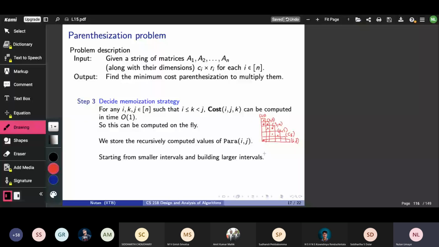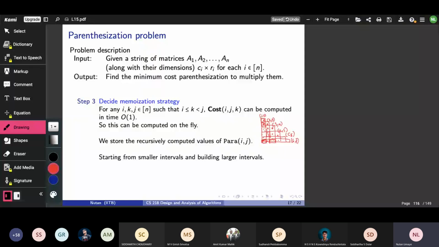And note that when I'm trying to compute this value, I will use a lot of previous values. I could use 1,2 and 2,6, which may be somewhere here. Then I could use 1,3, which is here, and 4 to 7, which may be somewhere here. Okay, so all these previous values may be required to compute this, not just this and this.